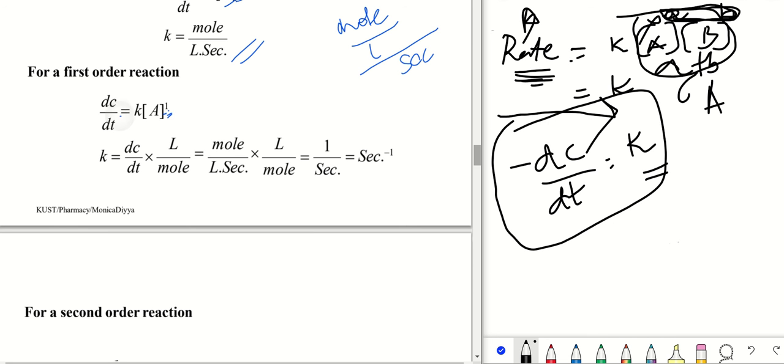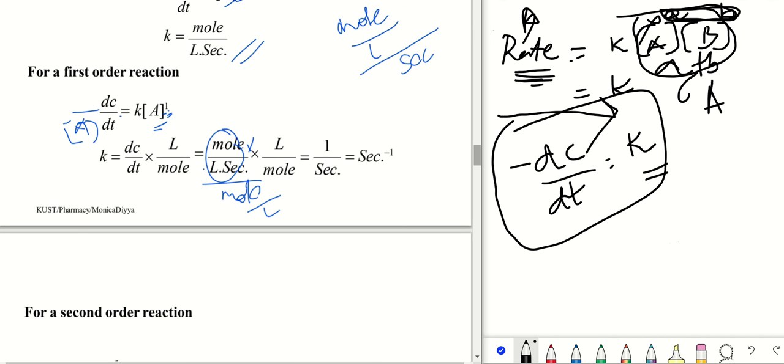So K is equal to dC by dt divided by the concentration term. dC by dt is mole per liter per second, and the concentration term is mole per liter.